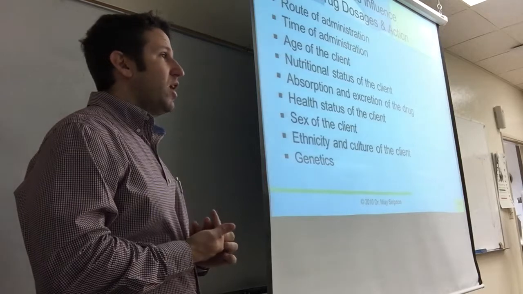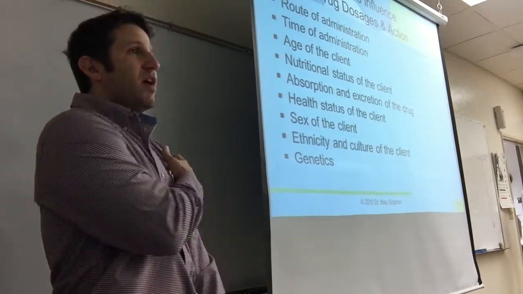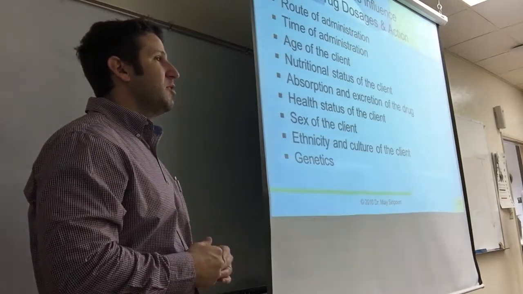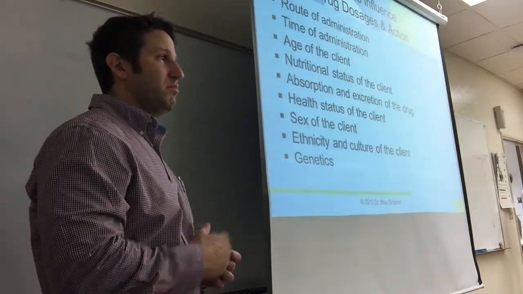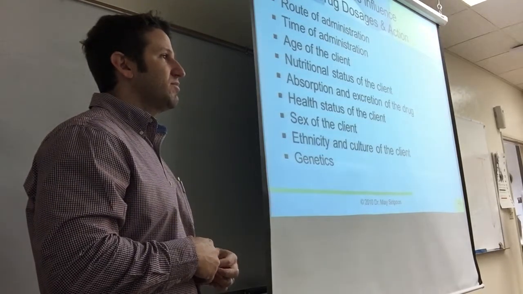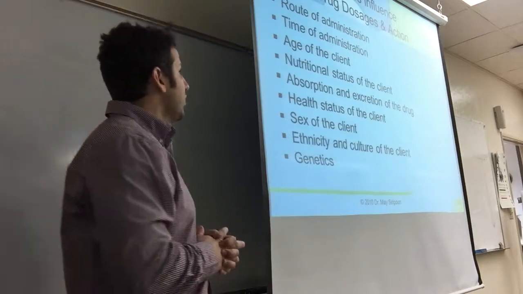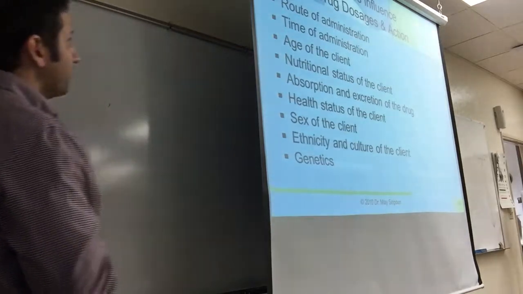We give Toradol IM and IV. IM in the muscle is 60 milligrams. IV is 30 milligrams. But when we give it PO by mouth, we give it like 5 to 7 milligrams. It's vice versa. So depending on the route, it will change how we give the drug.